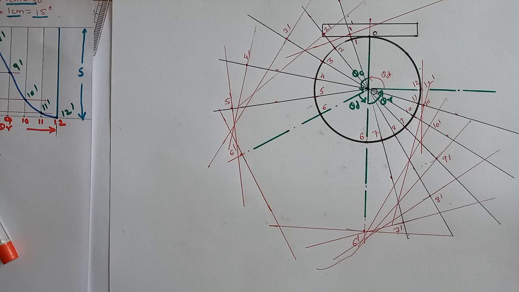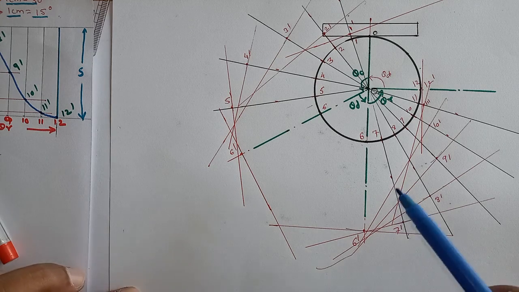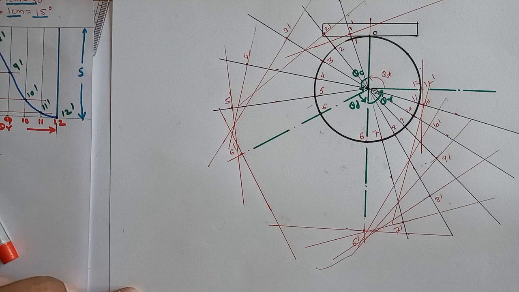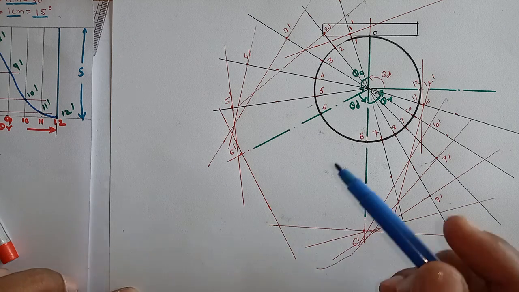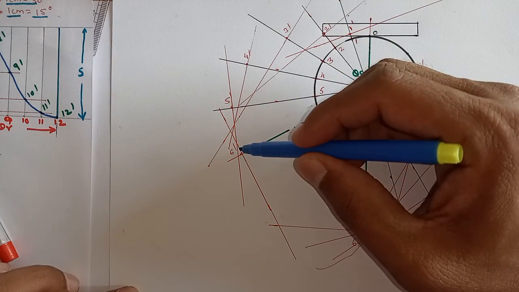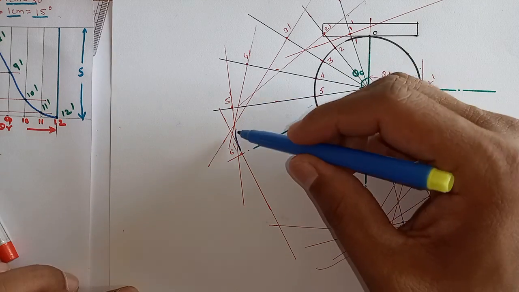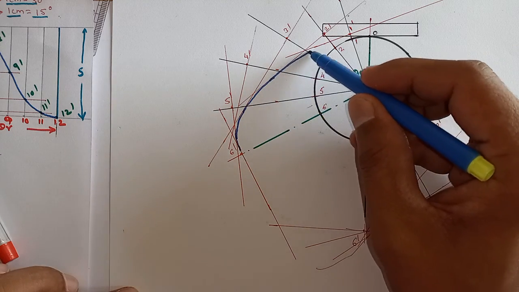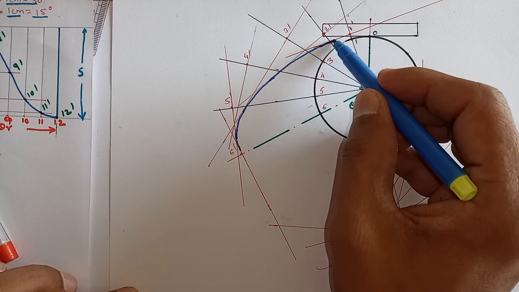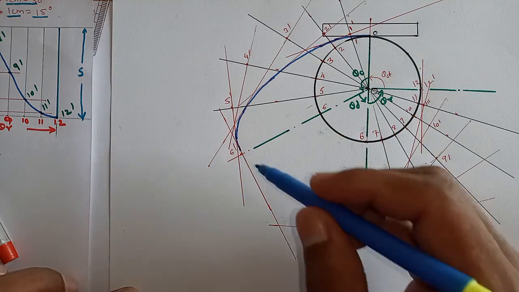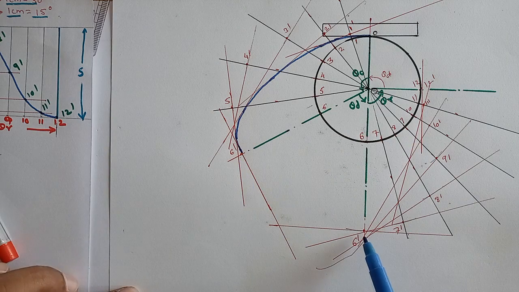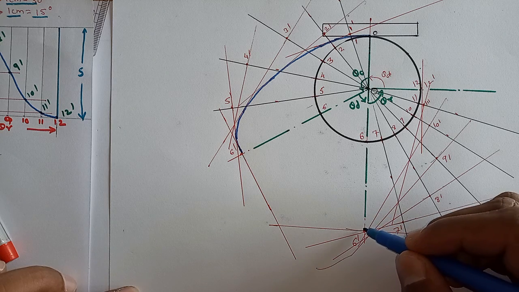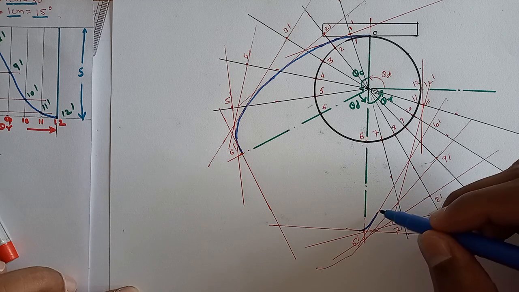After this, we draw a smooth freehand curve tangential to all these perpendiculars drawn to the line of action at all the instances. Remember that 6 dash to 6 dash will be a perfect circular arc, since during this period there is zero displacement of the follower.